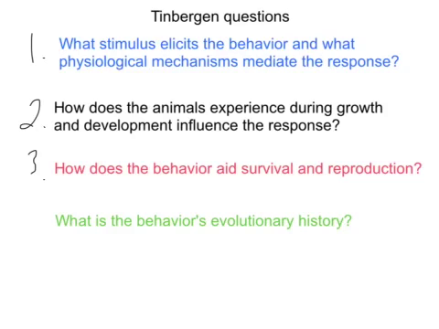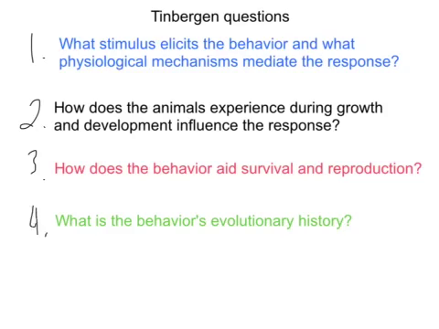Survival and reproduction, remember, is extremely important for evolution. So if this behavior is going to aid its survival, possibly if it's chasing away a fish that may take away some of its resources, is it going to aid its reproduction? Is it going to enable it to help spread its genes onto the next generation? And then the fourth one being, what is the behavior's evolutionary history?